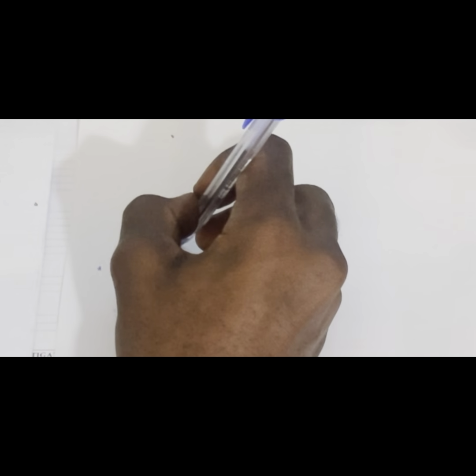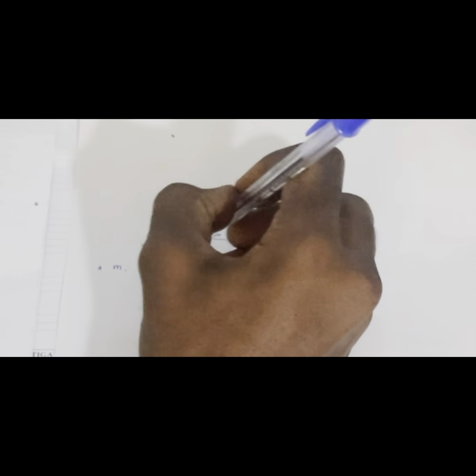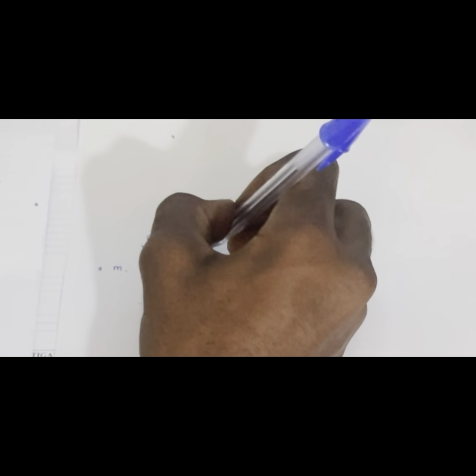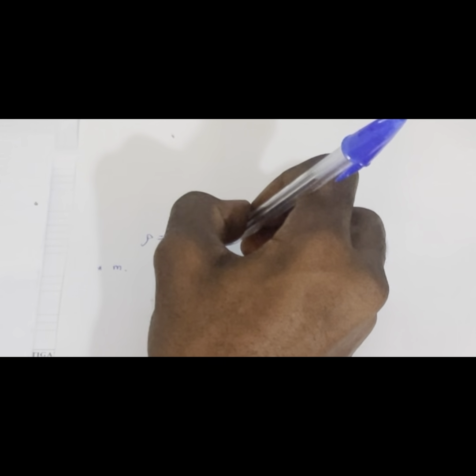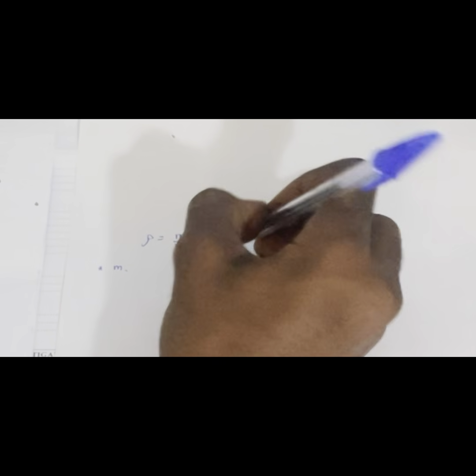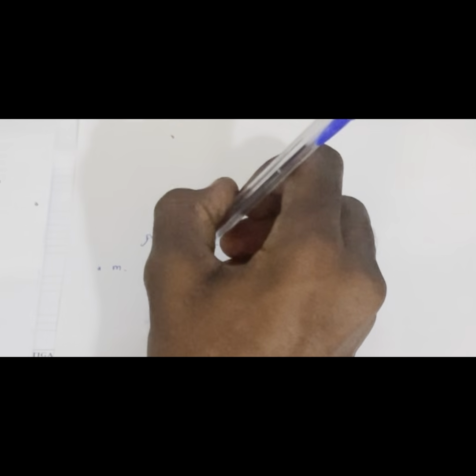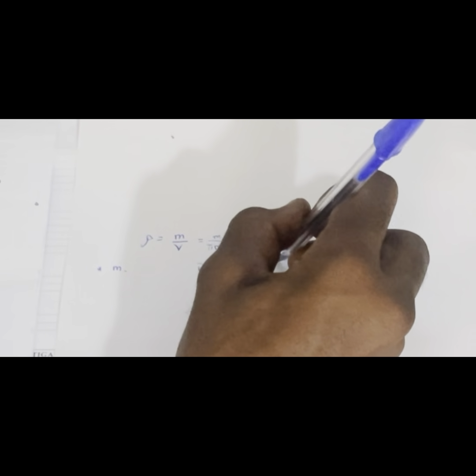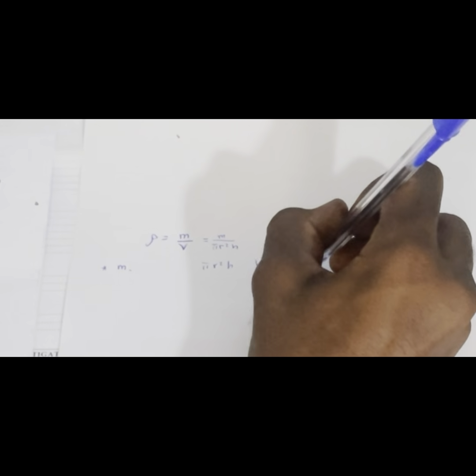Now for the volume, I know that the volume of a cylinder is pi r squared h. But r is the same as the diameter over 2.